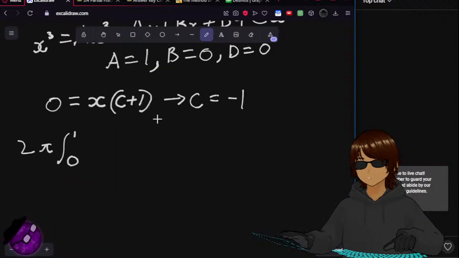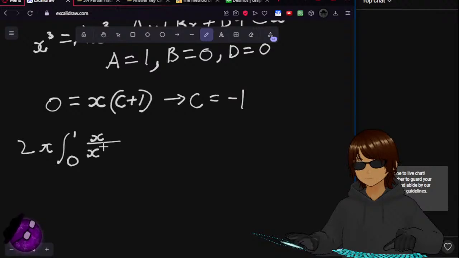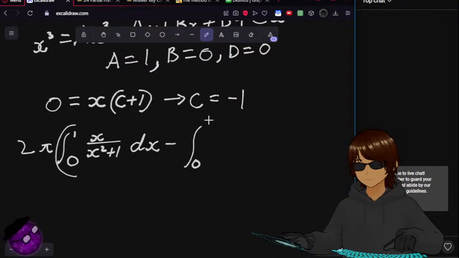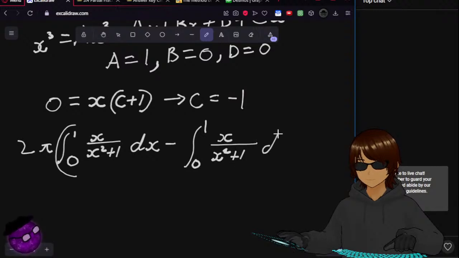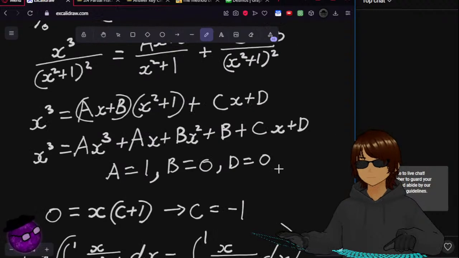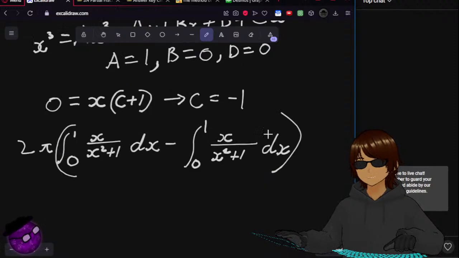X over x squared plus 1, then minus. Is this correct? Oh, this is squared.